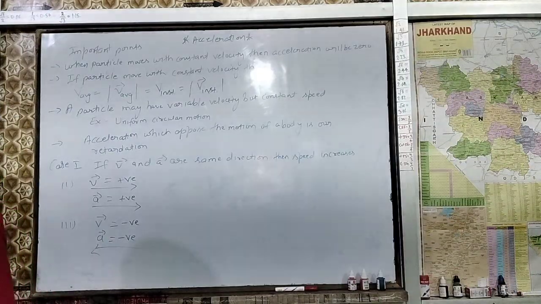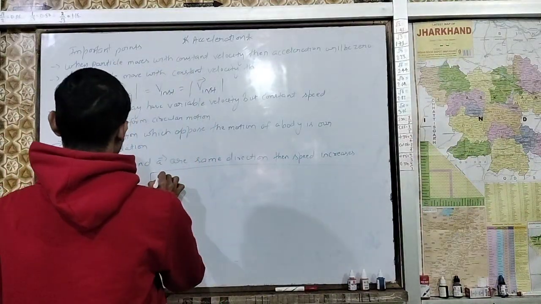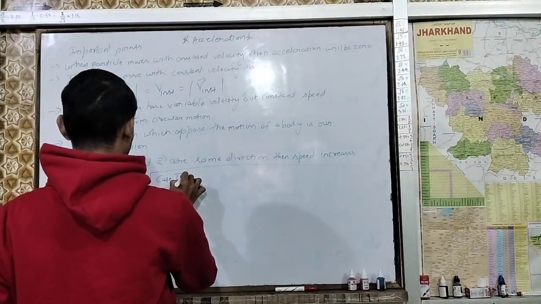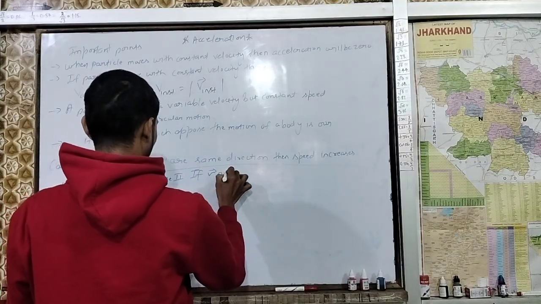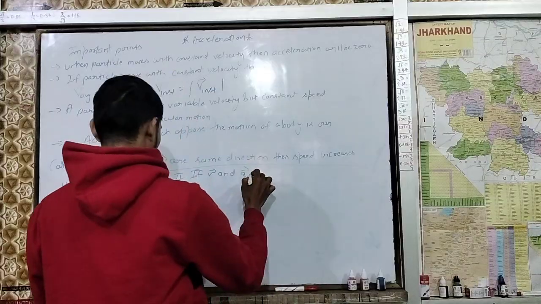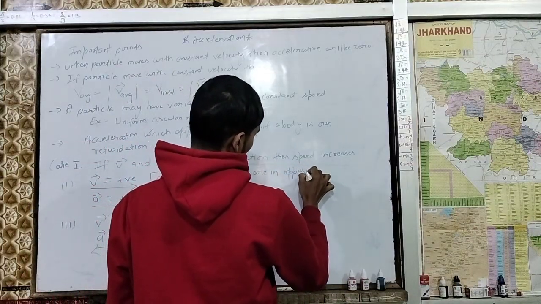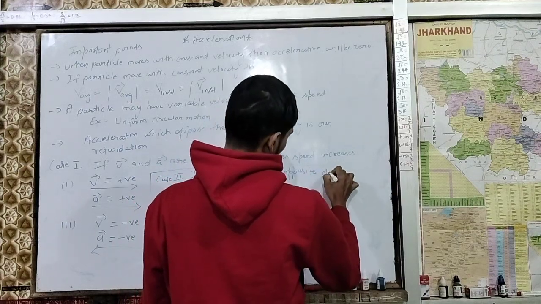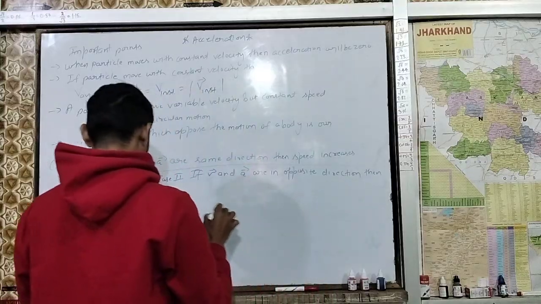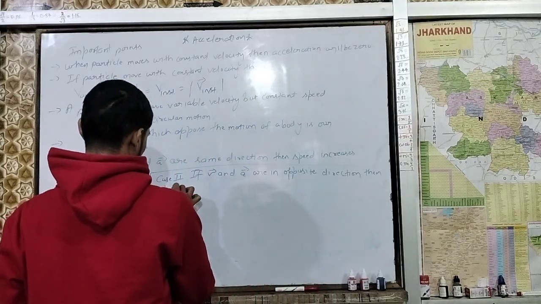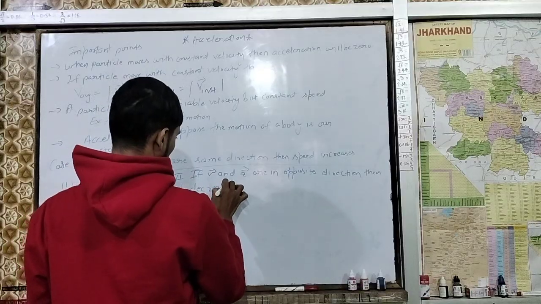Case number 2. If velocity and acceleration are in opposite directions, then the speed will decrease.